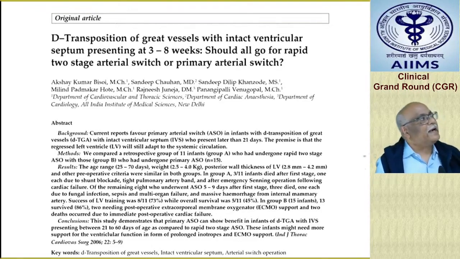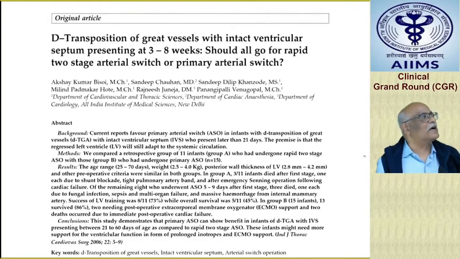Now we wanted to validate the idea in a clinical setting. So we took up 11 babies who went for rapid 2-stage, of course by a different surgeon, my colleague, and 15 kids for primary ASO, age group from 3 weeks to 8 weeks. Out of the 11 babies who had rapid 2-stage, 3 babies died after the first stage of PA banding and BT shunt.